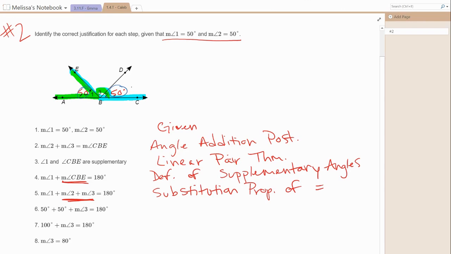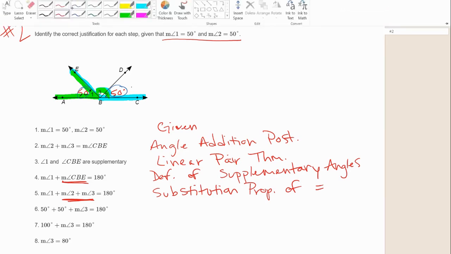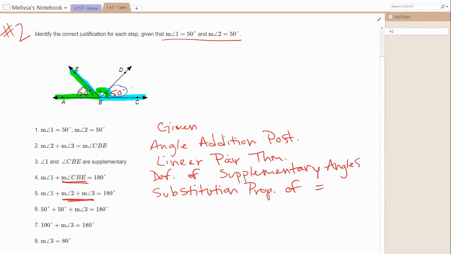Okay, and then our next step says 50 plus 50 plus the measure of angle 3 equals 180. So again, they just substituted in here 50 and 50 for the measure of angle 1 and the measure of angle 2. So that would be substitution property of equality again.